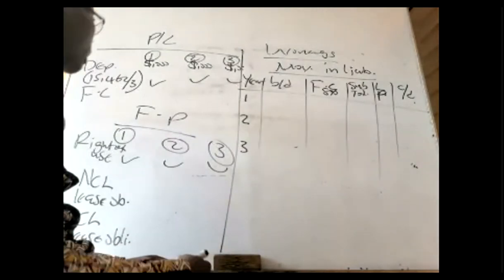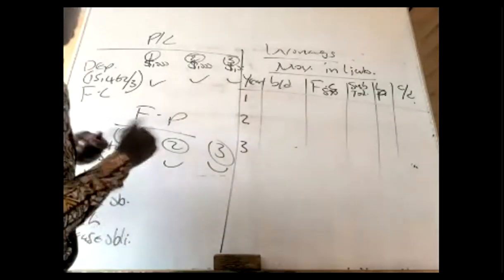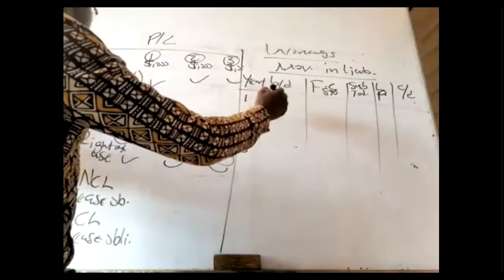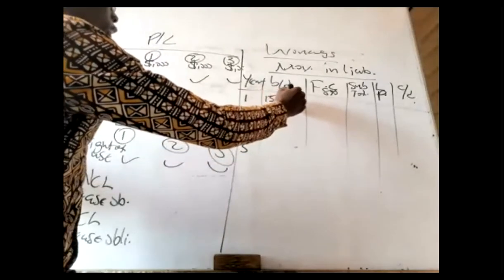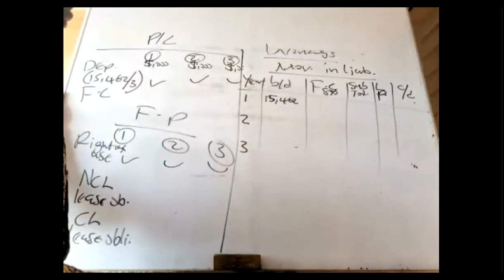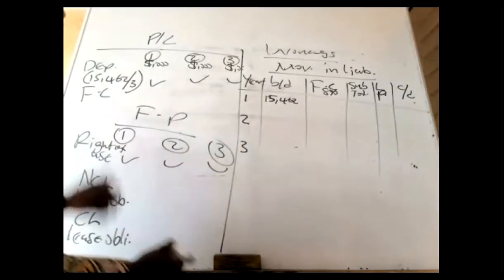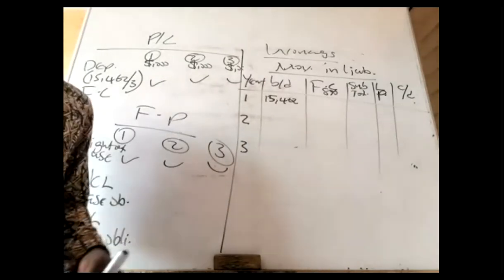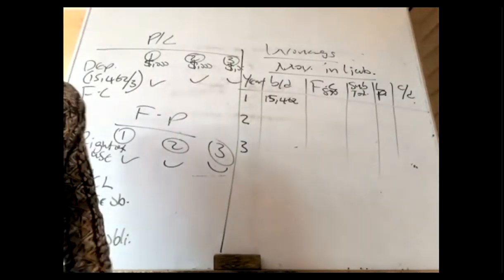For year 1, the balance, in fact the present value of the lease payment, is the same as the cost of the right of use. So here it will be 15,462. Then we look at our finance charge. That will be 8% on this.